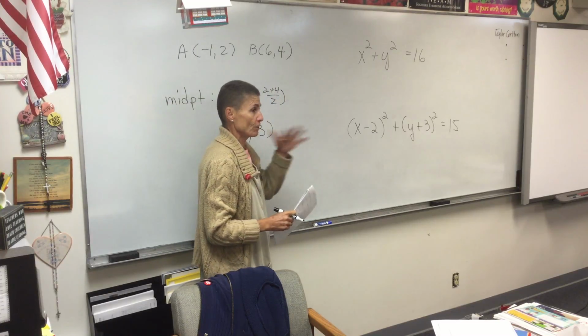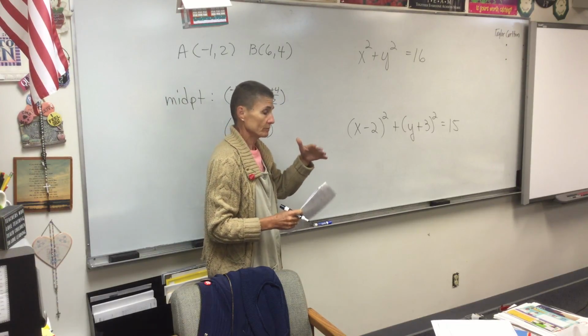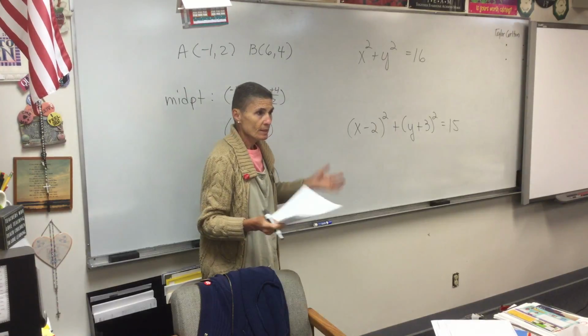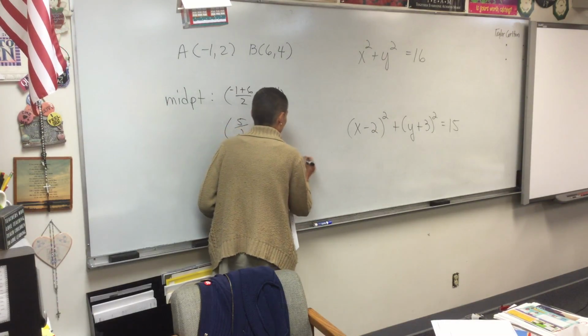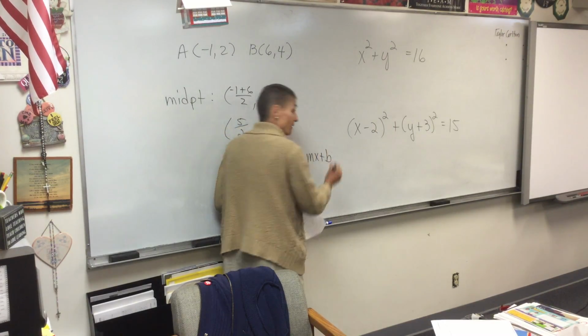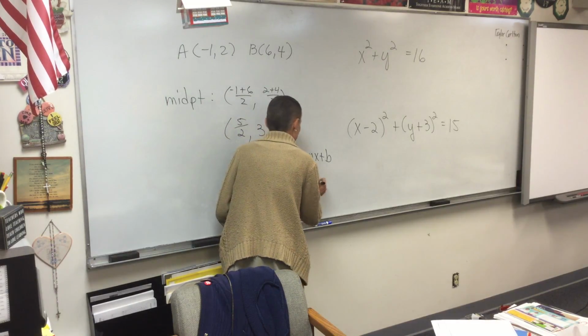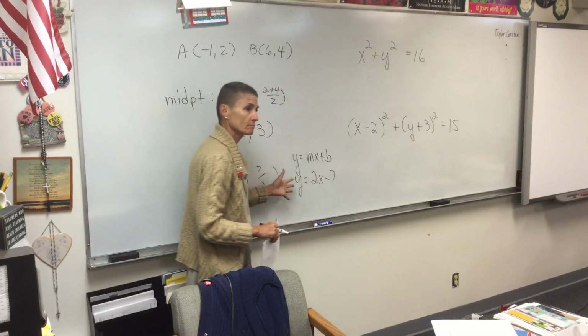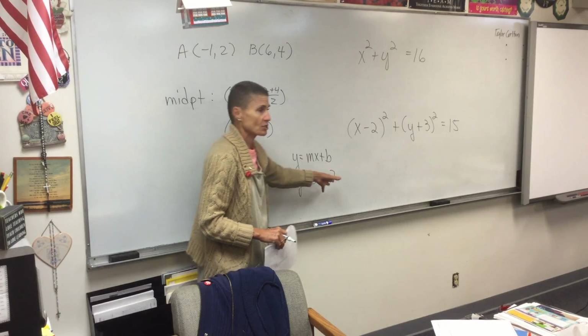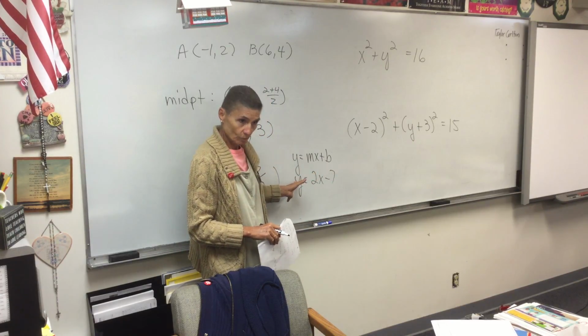Circles are different than lines, for example, because lines look like y equals mx plus b. You've all done that before. That's what a line looks like. So like y equals 2x minus 7. Notice nothing is squared in there, right?